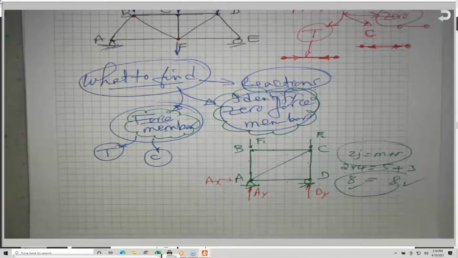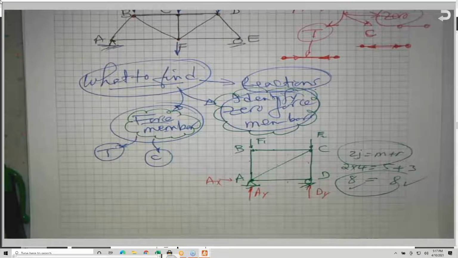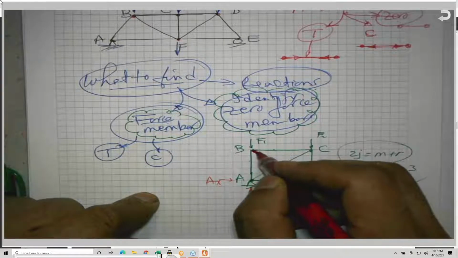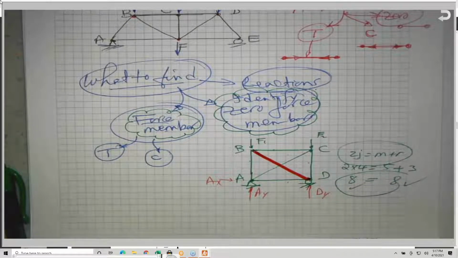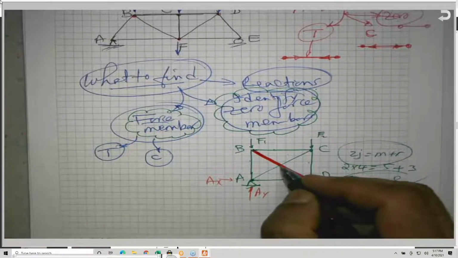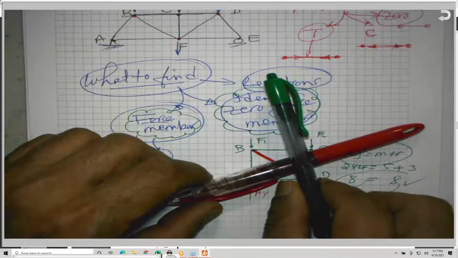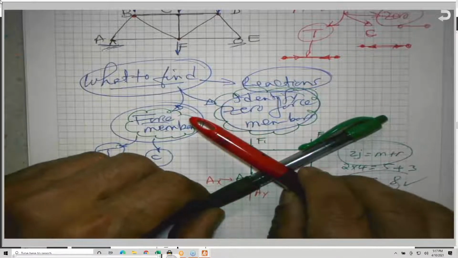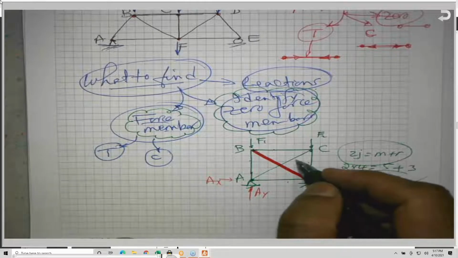But if I decided to add another member from here to here, but I will not add a joint here, these two members are crossing each other, the original member, the green one, and the red one, but no joint. Is this statically determinate?